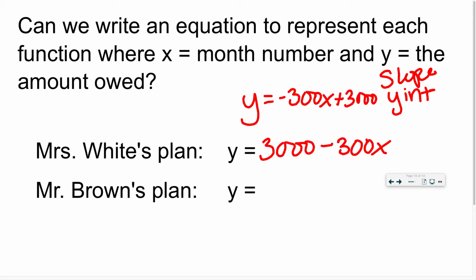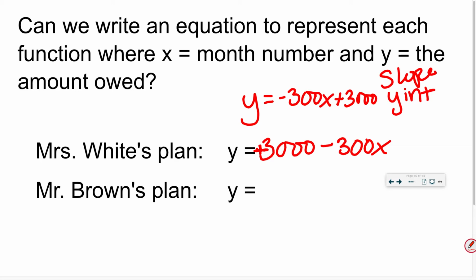So how are those two equations different? Because you're adding on to his total. But what if we show that the one we just did is a positive 3,000, then we're taking away 300x, and then on top it's negative 300x plus 3,000? Are they different? That's normal, that's common, right?